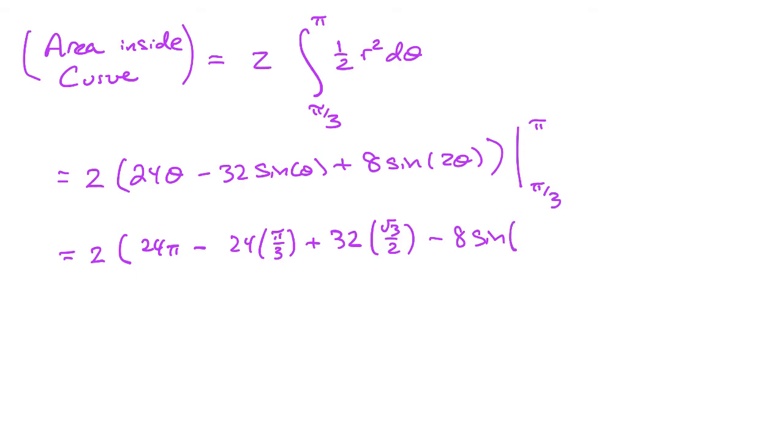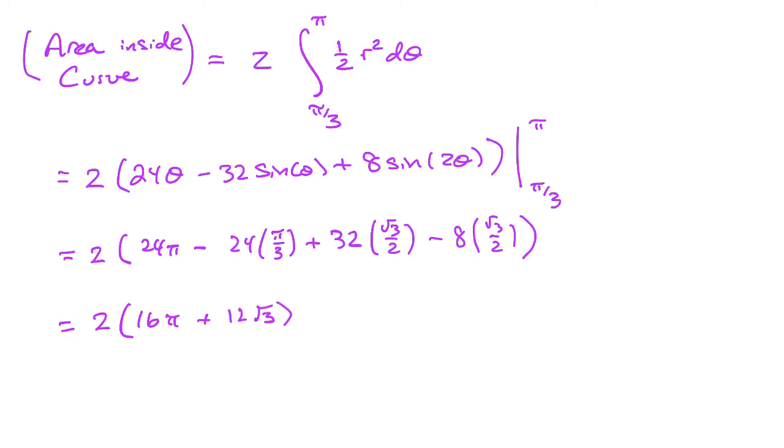So sine of 2 pi over 3 is then also going to give us another positive root 3 over 2. And so what this then simplifies to is a 16 pi plus a 12 root 3.